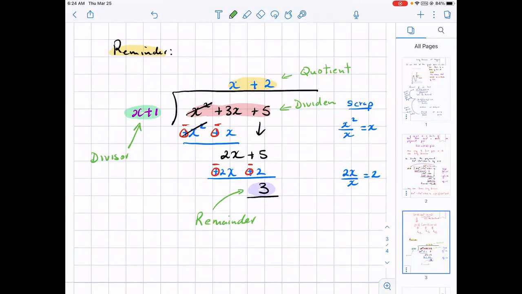The remainder. So we should know what the dividend is, we should know what the quotient is, and we should know what the divisor is when we talk about these things. Okay?